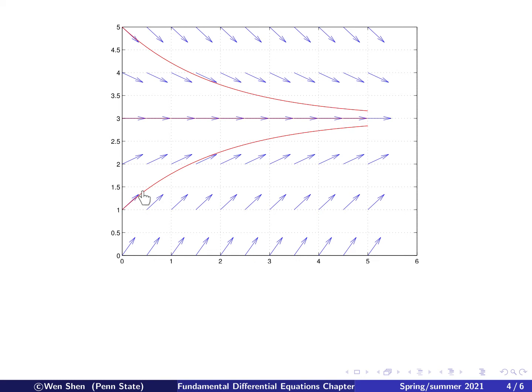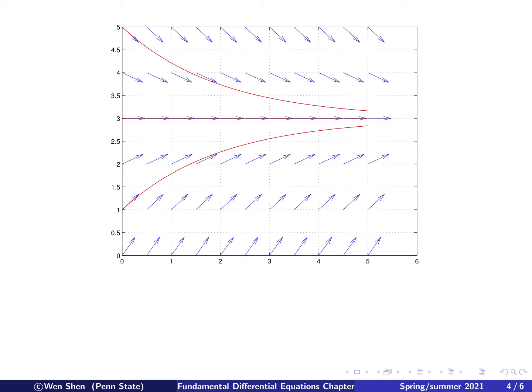As it approaches 3, the slope will become less and less, so it will bend gradually. It will keep bending, and it will never be able to cross y equals 3, because they're all positive slope here and get infinitesimally smaller and smaller, and as time t goes to infinity, this will just approach 3.